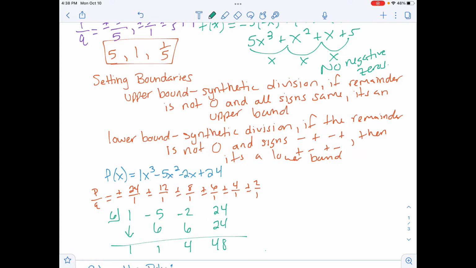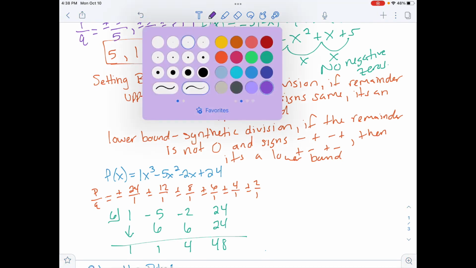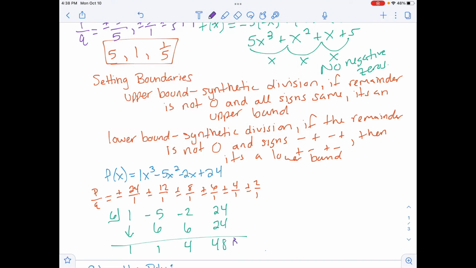All right, so with 6, do you see how after I did synthetic division, our remainder's not 0, and none of them have a different sign. They're all positive. Since they're all positive, 6 is an upper bound, which means none of the zeros are going to be above 6, which means I can not even look at 8, 12, and 24 because 6 is an upper bound.